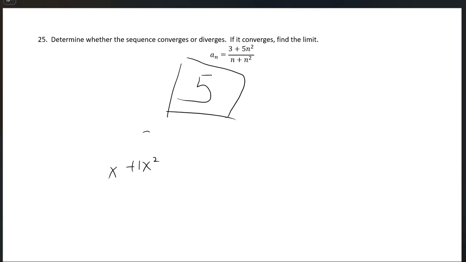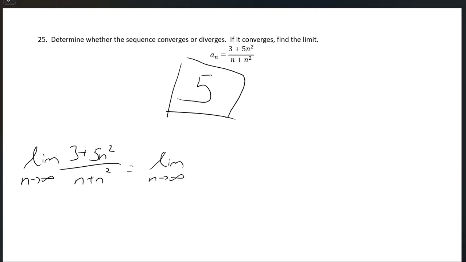Or the proper way to do it, to show our work if your instructor requires it: limit as n goes to infinity of 3 plus 5n squared over n plus n squared. How do we do this? We need to factor out the biggest degree on the top and on the bottom. So n squared is the biggest degree on top, so it becomes n squared times 3 over n squared plus 5.